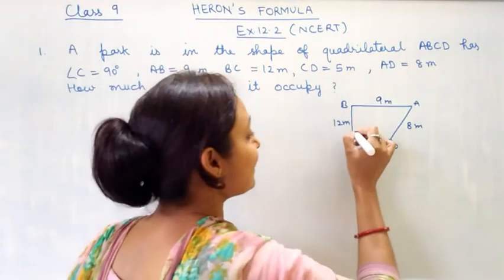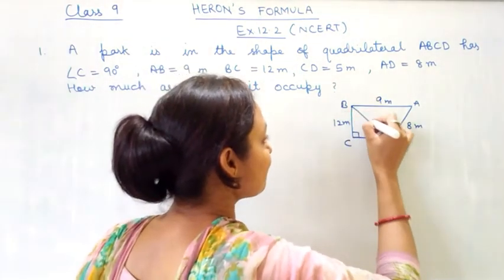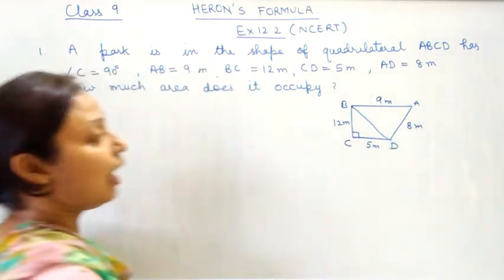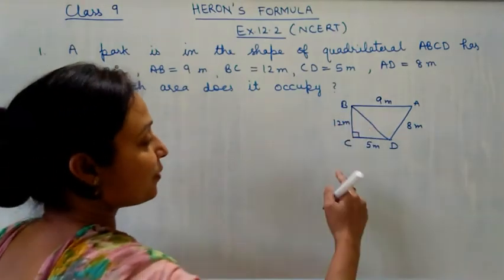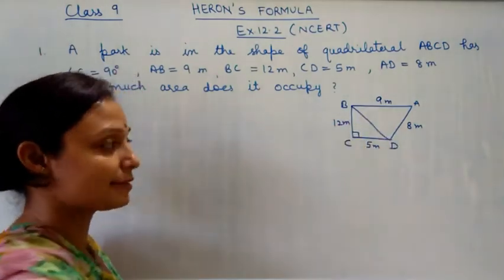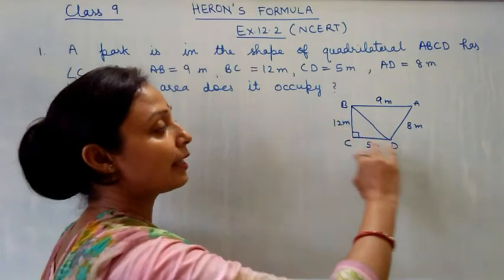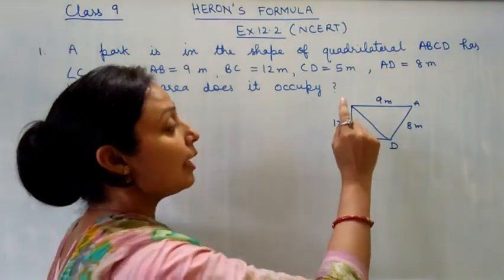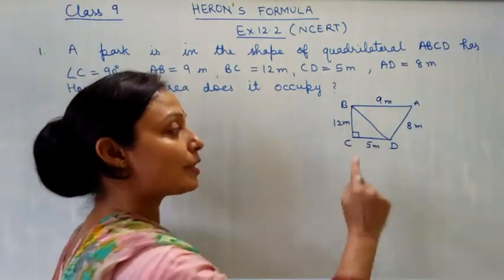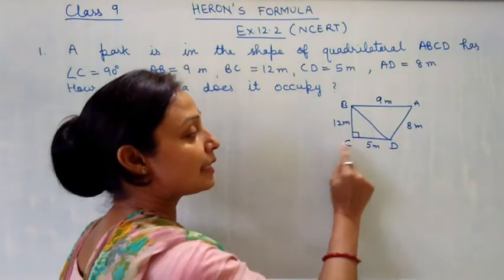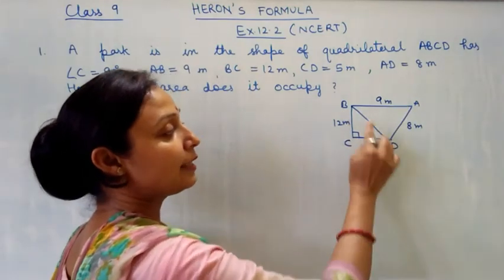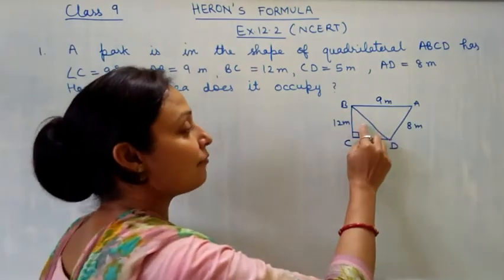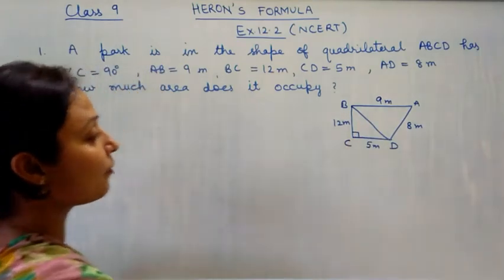Since the angle is 90 degrees, I will draw the diagonal BD and use these two triangles. The area of the quadrilateral is equal to the area of triangle BCD plus the area of triangle ABD. First I will find the area of BCD.